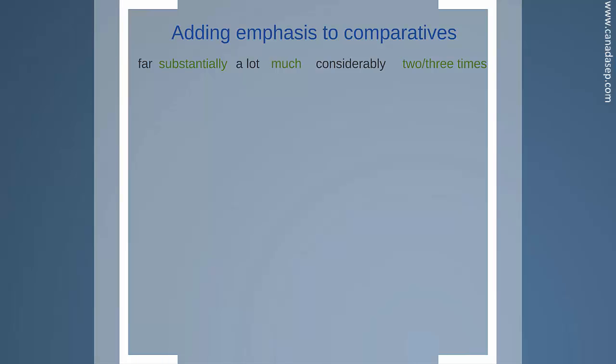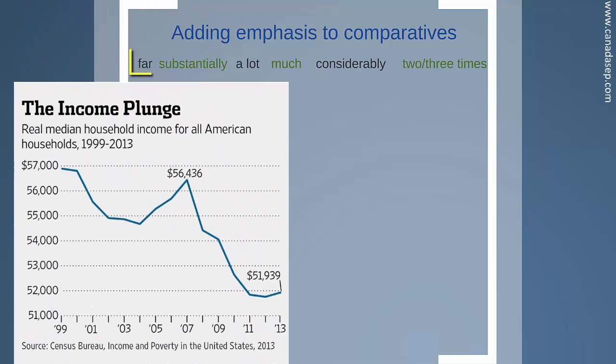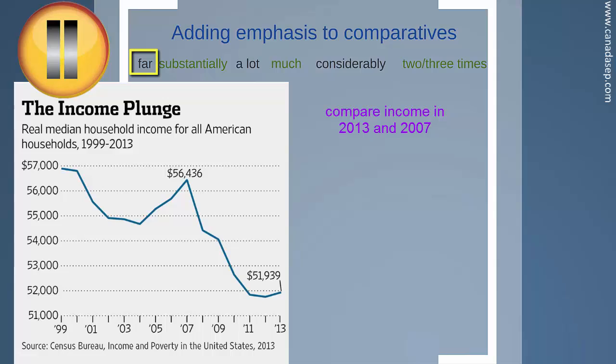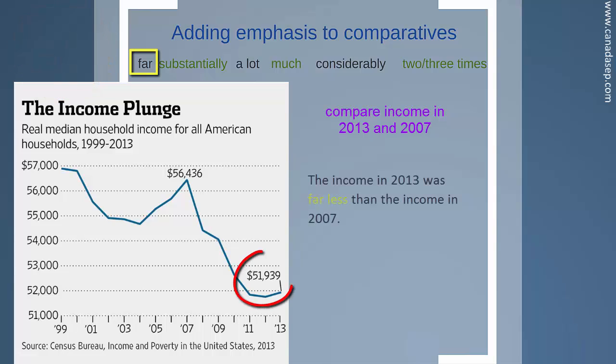Consider the following graphs. Don't forget to pause and make your sentence before reading mine. Here, pause the video and compare the income in 2013 and 2007. The income in 2013 was far less than the income in 2007.